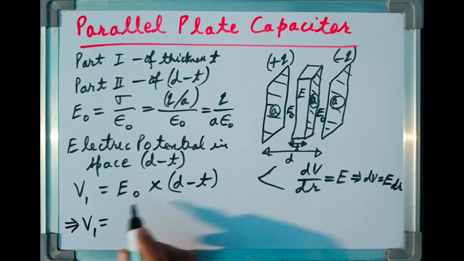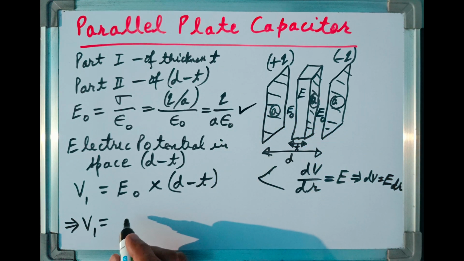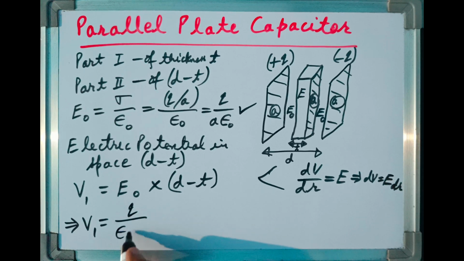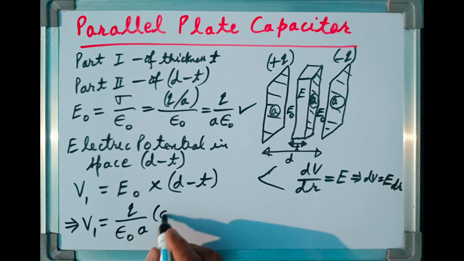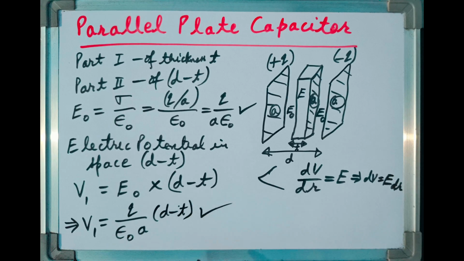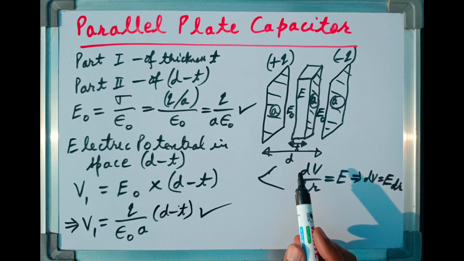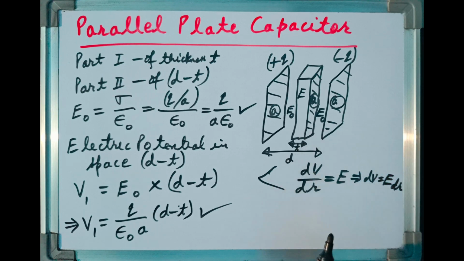After putting the value of E naught from here, I can write V1 is equal to Q upon epsilon naught A multiplied by d minus t. So this is the potential in the space d minus t. Similarly, we have to calculate potential within the dielectric slab.